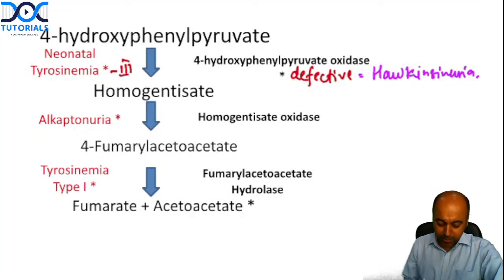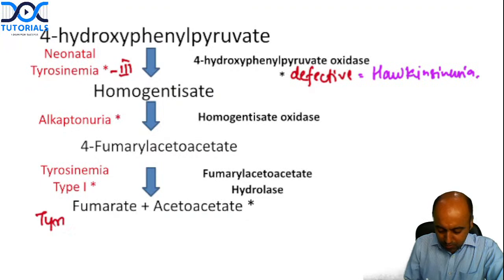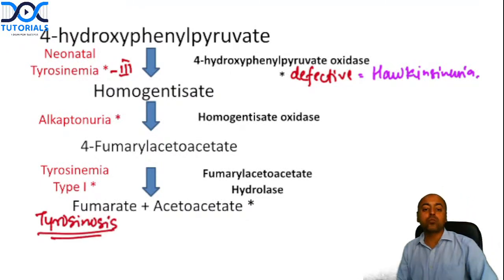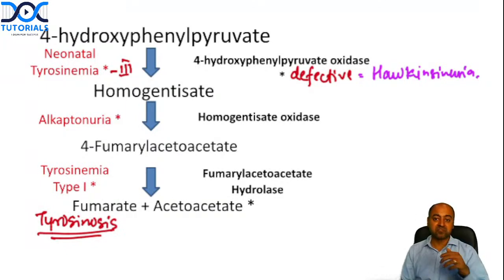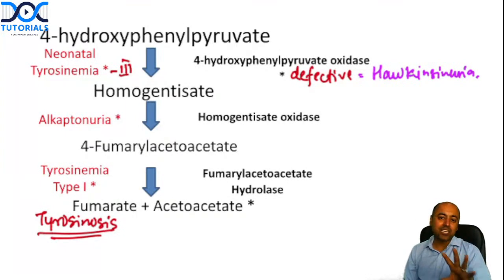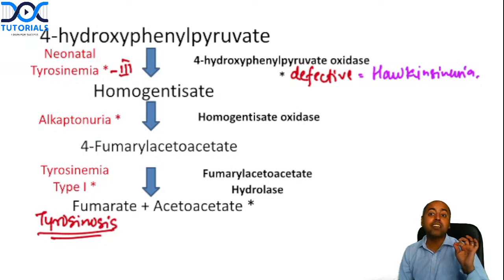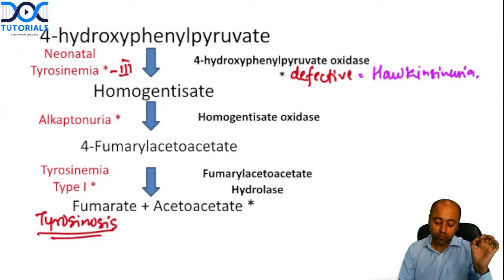Deficiency causes tyrosinemia type 1, also known as tyrosinosis. So these are some of the important enzymes and the different types of tyrosinemia and alkaptonuria associated with phenylalanine-tyrosine metabolism. So names we should know.